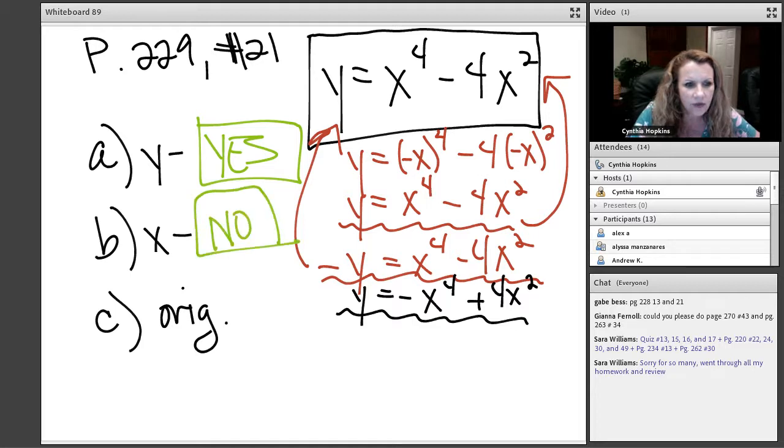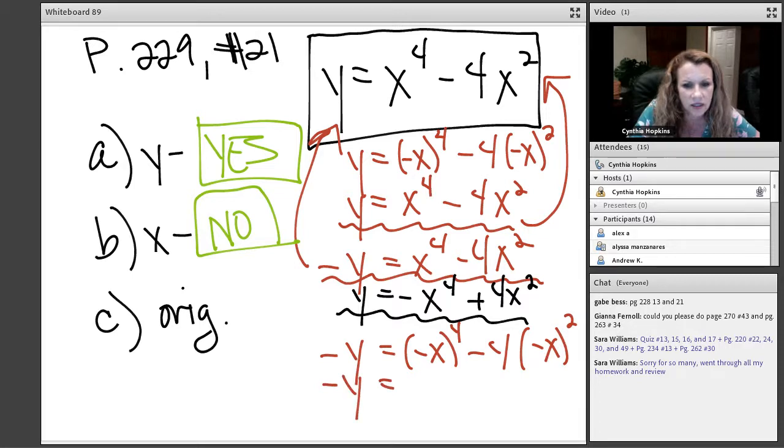All right, and finally, symmetry with respect to the origin, I plug in a negative y for the y. Then, because that x is being raised to the 4th power, I have to put that -x in parentheses, -4, and then -x squared. All right, I'm going to leave the -y alone.